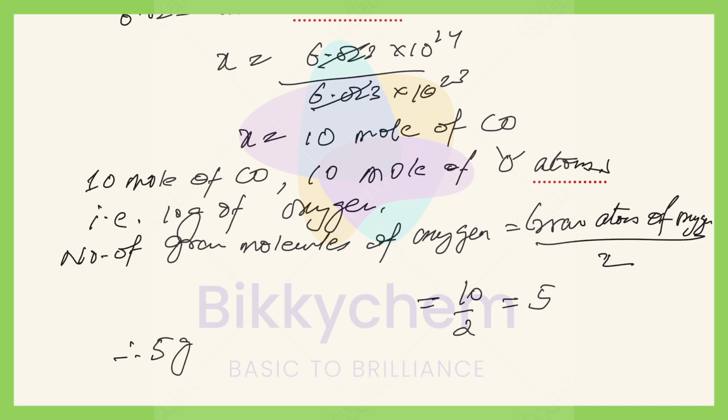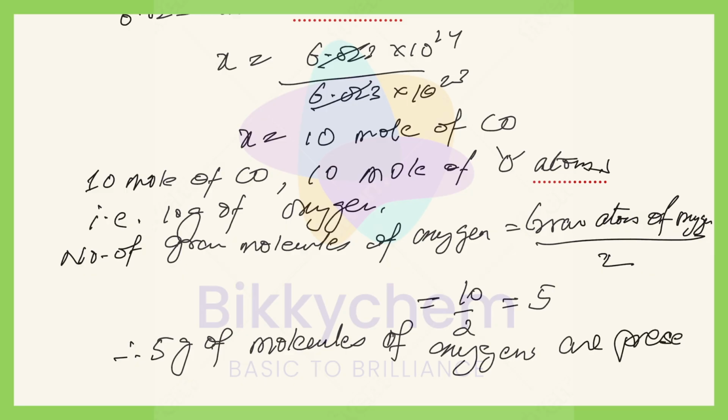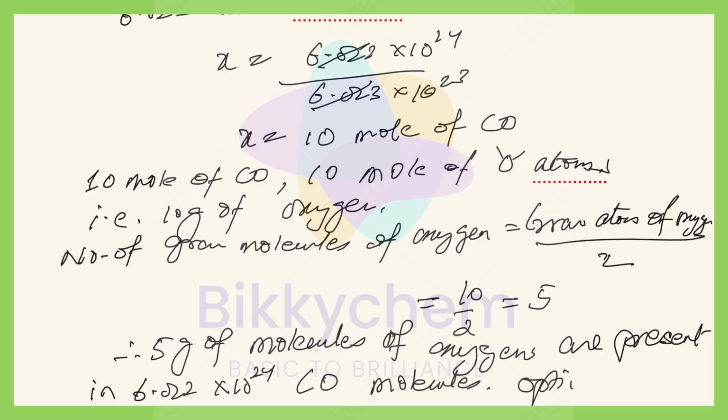Therefore 5 gram molecules of oxygen are present in 6.022 into 10 to the power 24 CO molecules. So the option will be 5 gram molecules, that means option B.